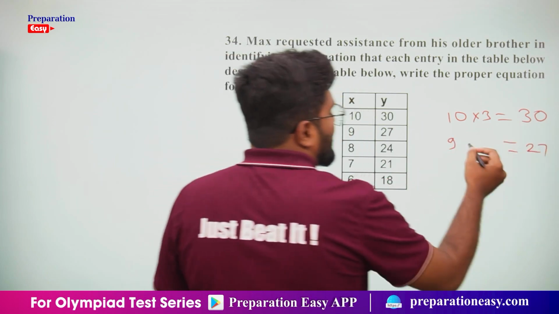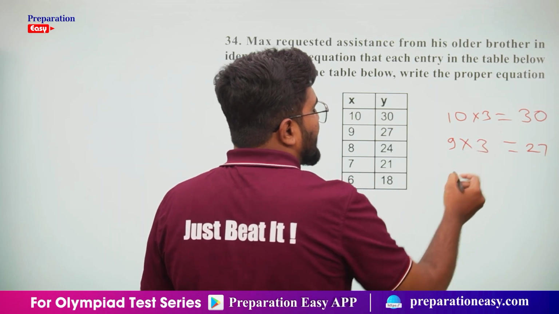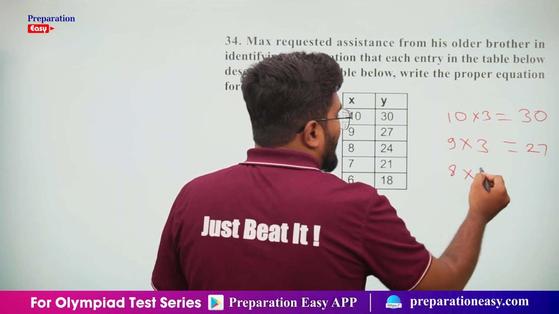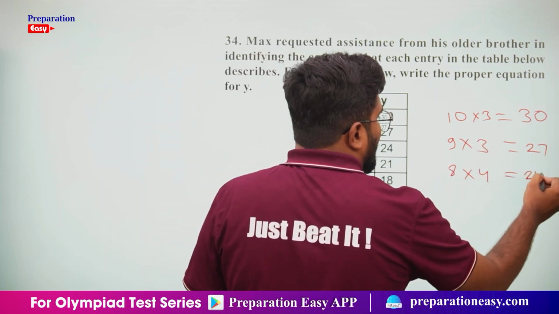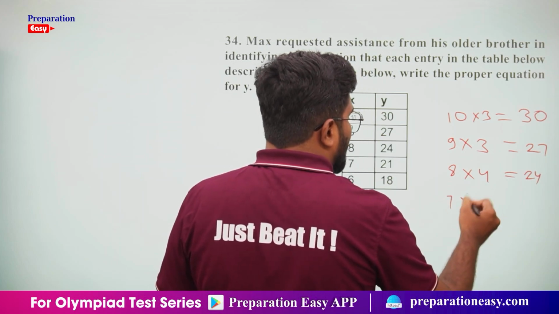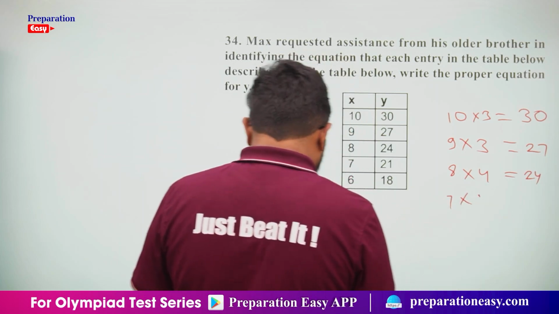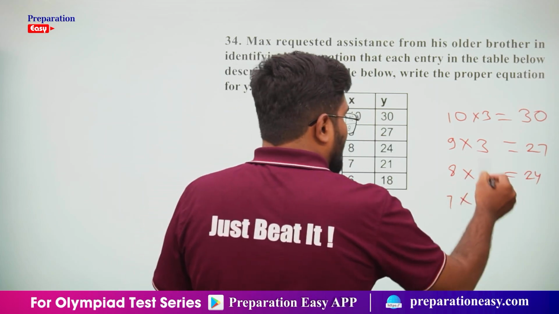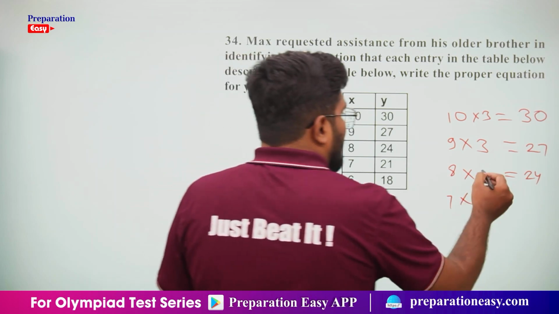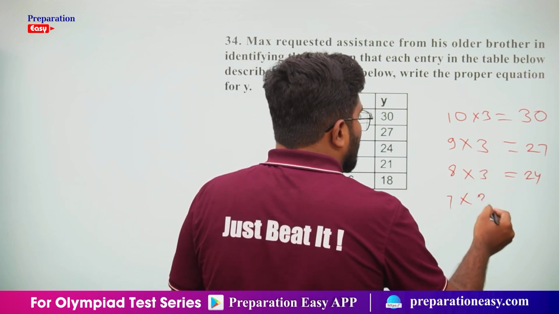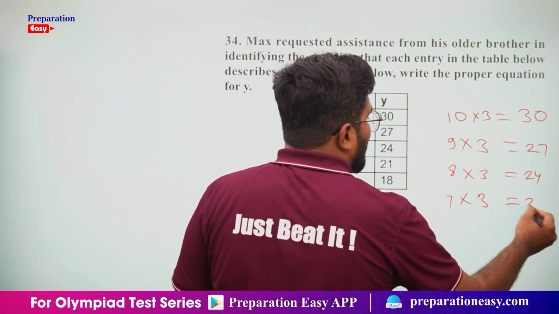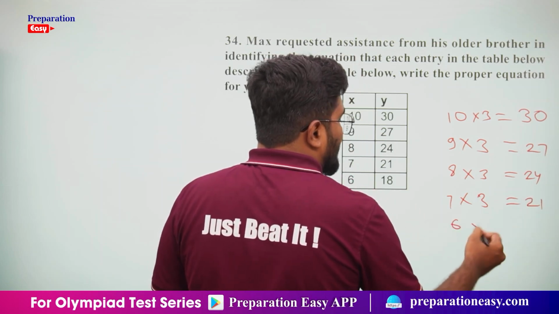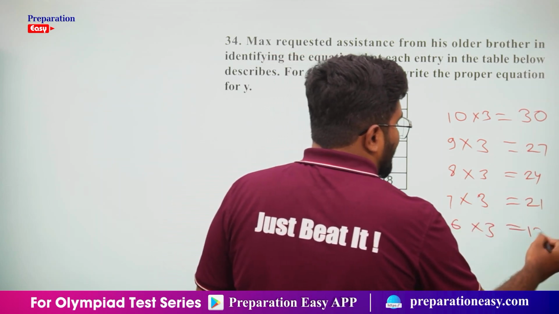So same here, 9 into 3 is 27, then 8 into 3 is 24, 7 into 3 is 21, and 6 into 3 is 18.